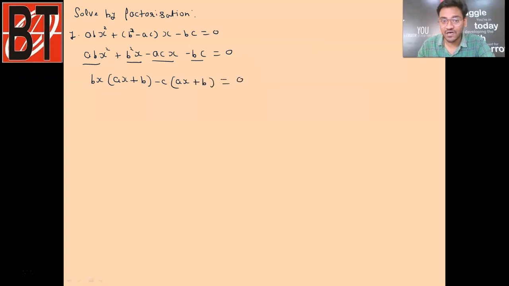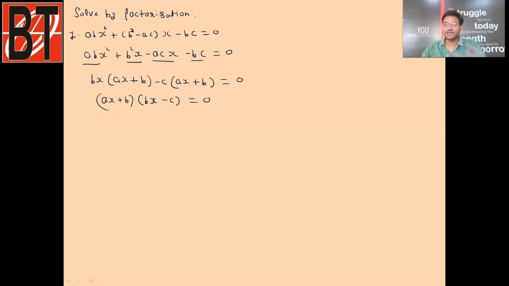You may check, if you multiply minus c again with this bracket ax plus b, you will be getting the same thing. Now students, ax plus b is a common factor of this complete equation, and in the next bracket we will have bx minus c is equal to 0.